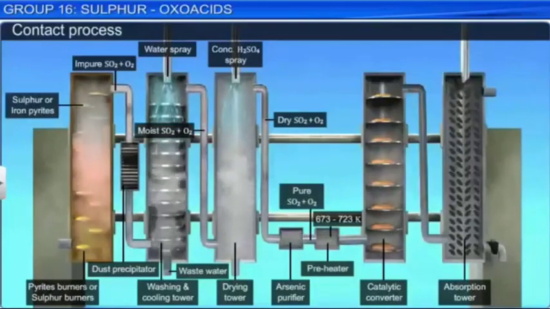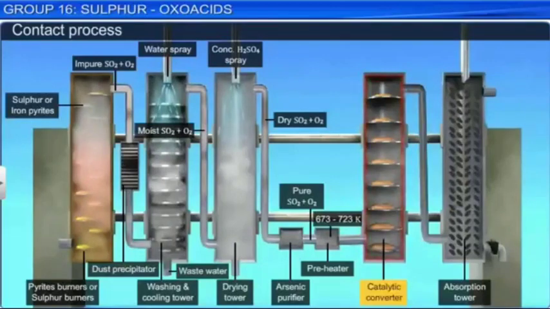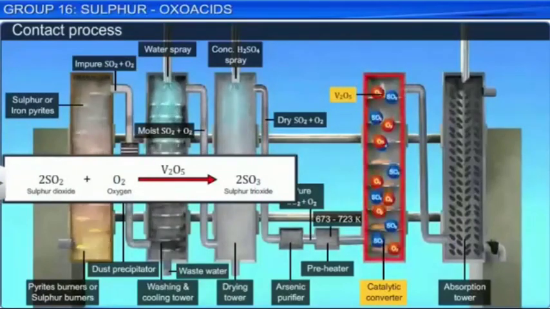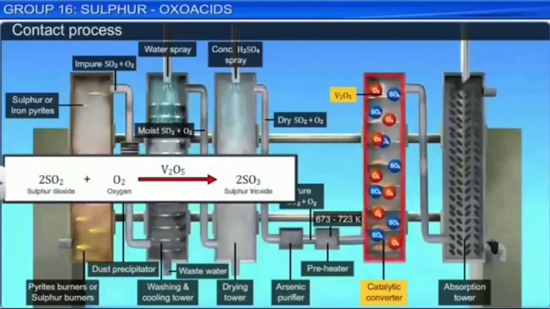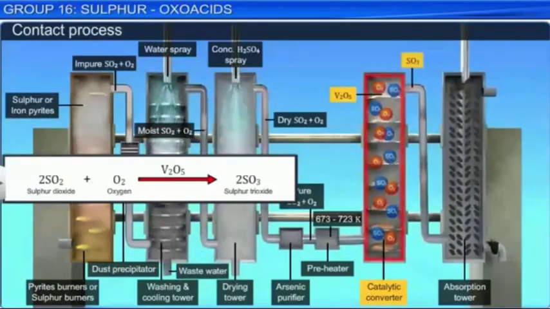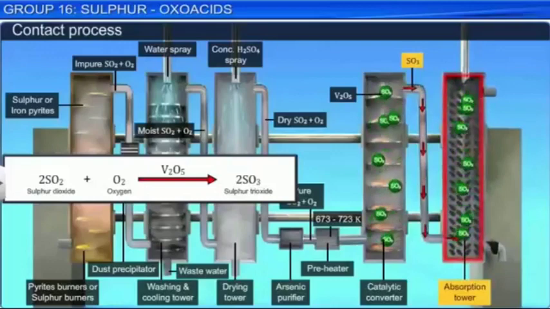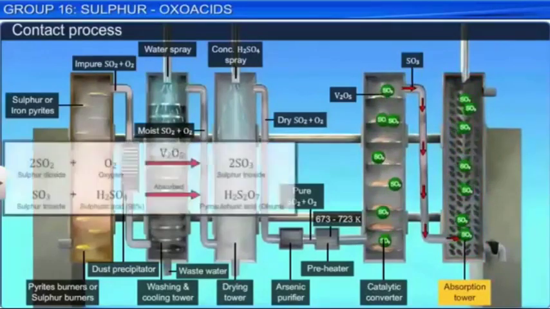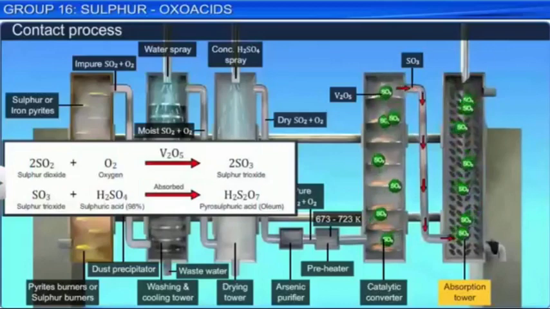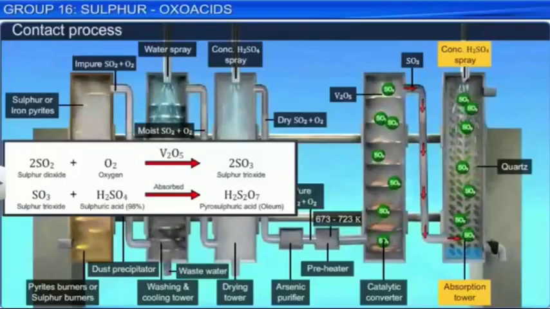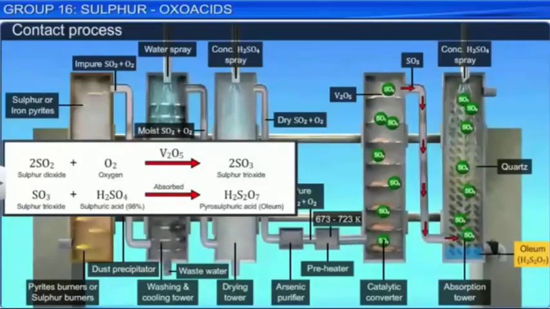Here, in the presence of vanadium pentoxide as catalyst, sulfur dioxide and oxygen combine to form sulfur trioxide. The sulfur trioxide is then led into the absorption tower. In the absorption tower, sulfur trioxide is absorbed in concentrated sulfuric acid to form oleum. The oleum is diluted with water to get the acid at the required concentration.